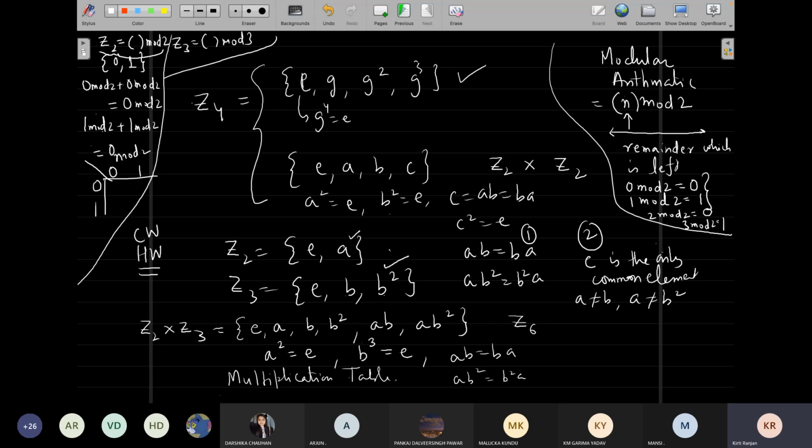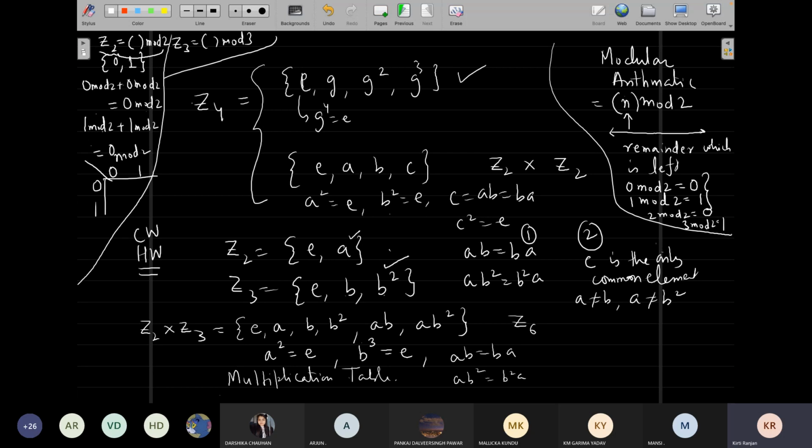In group theoretic language, for all the countably finite groups, we have this possibility of going with modular arithmetic, and it can be shown that each group is isomorphic to some such group. So whenever I write Z2, I am basically writing a notation, and the notation is coming out of the modular arithmetic.